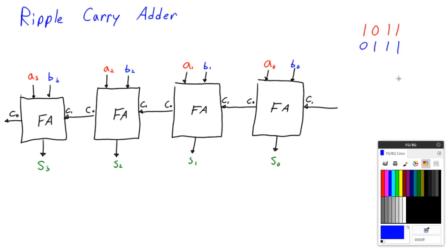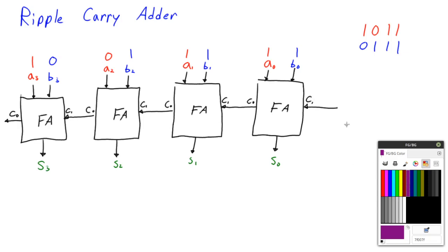Let's say that's what we're doing here. So let's write these values in. So we got 0, 1, 1, 1, and here we've got 1, 0, 1, 1. All right, let's see what we end up with here.